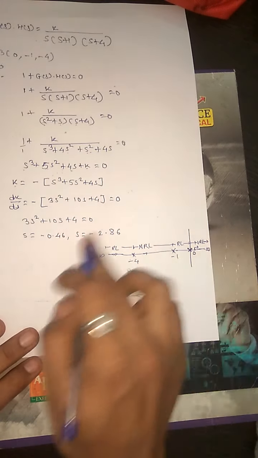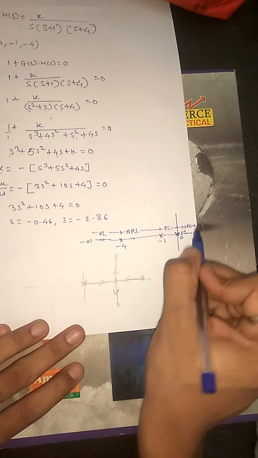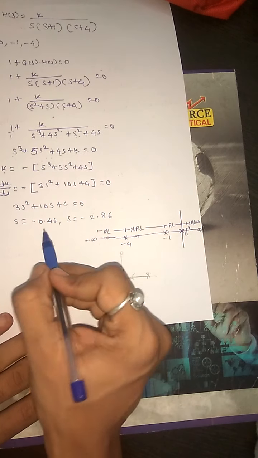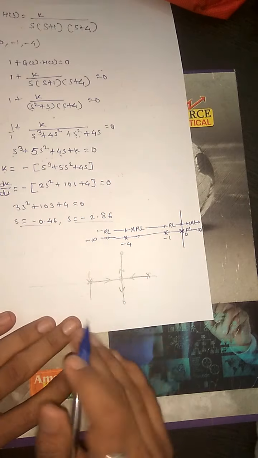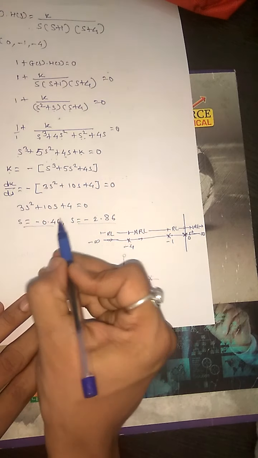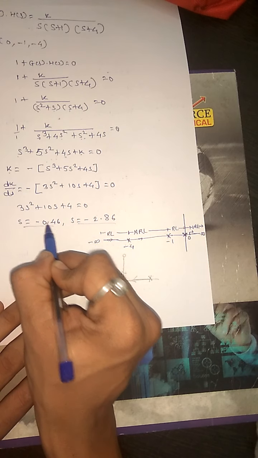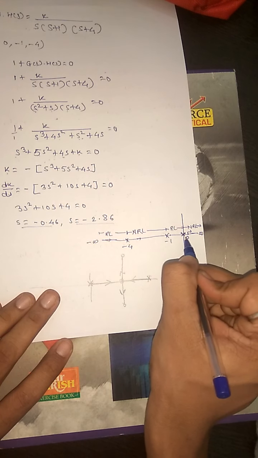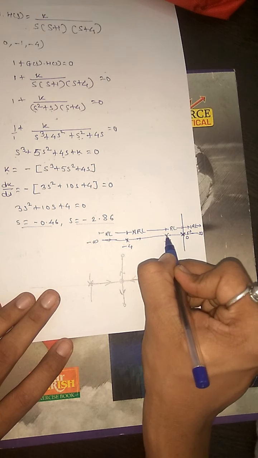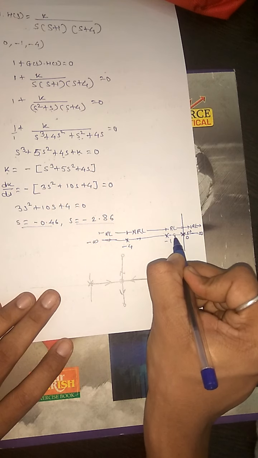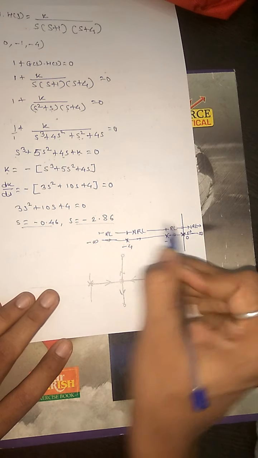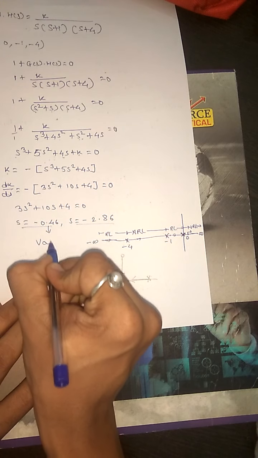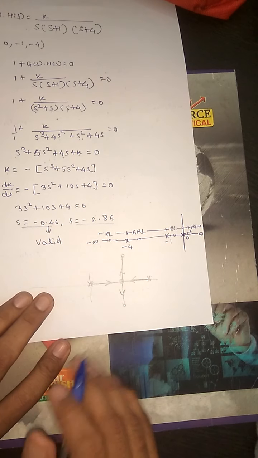When you have completed your root locus regions, put the breakaway points that you have calculated. Minus 0.46 will come between 0 and minus 1. Suppose here, so it is lying in a root locus region, so it is a valid breakaway point.